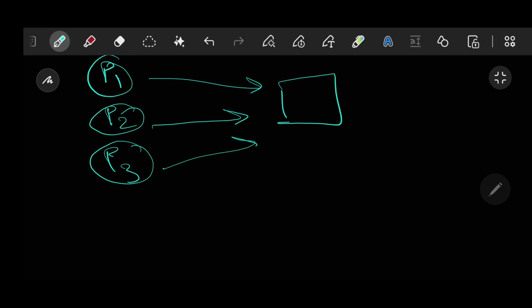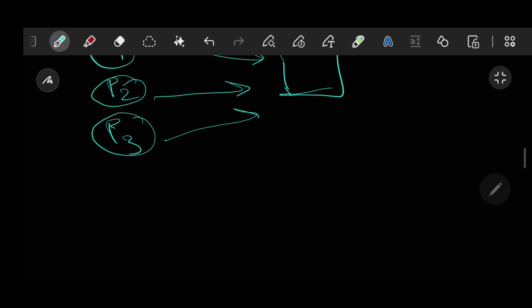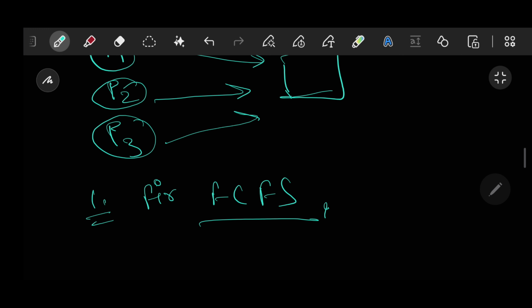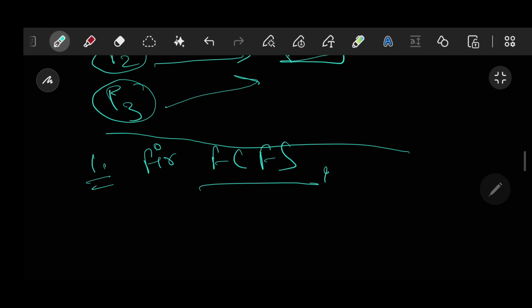So which process gets the CPU? There are different criteria for it. One criterion is first come first serve, FCFS. Whoever comes first will get the CPU first. And there are other criteria too. For example, the one who needs it for the shortest time will get the CPU. So there are different criteria for the CPU scheduler.